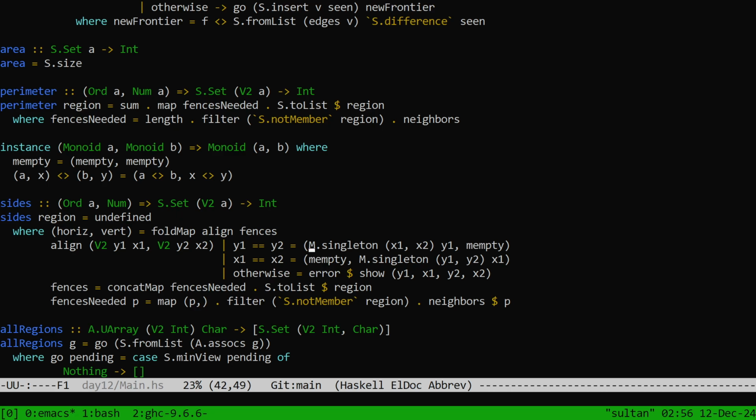So if they have the same y coordinate, we put them into a map keyed by x1, x2. That is going to be the place where, in between our x1 and their x2, we had to put a wall at height y.